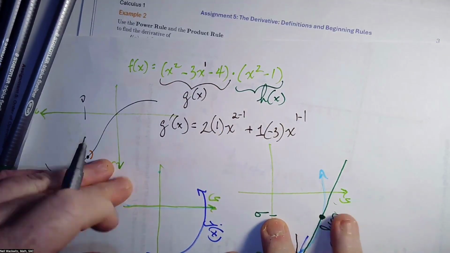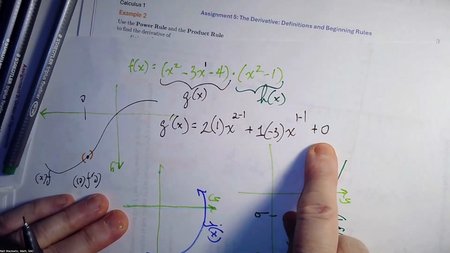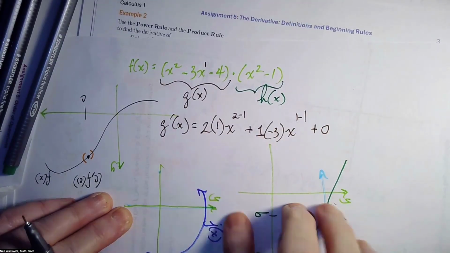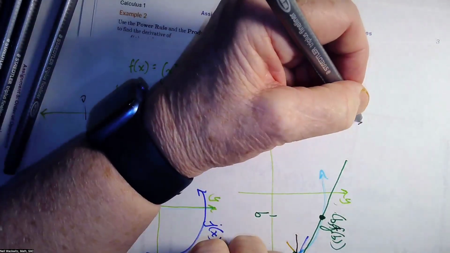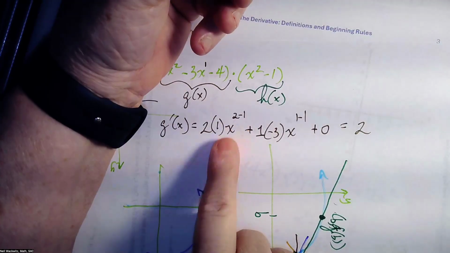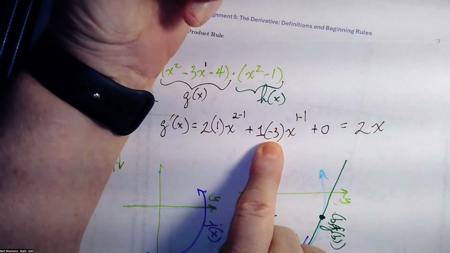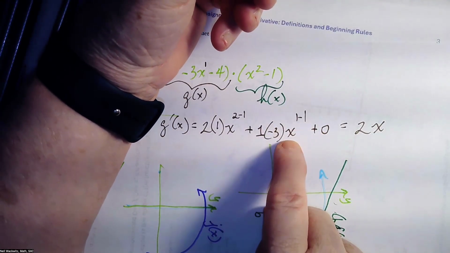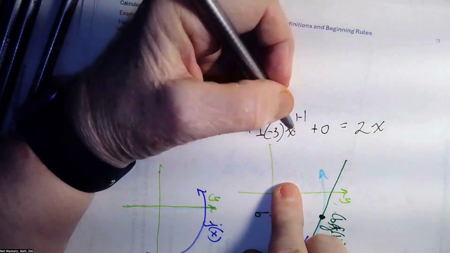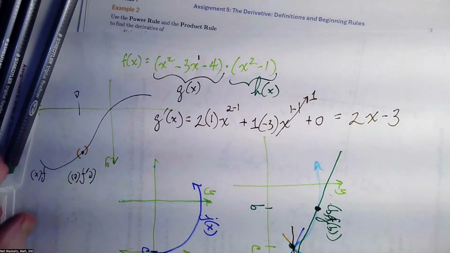And then we have a constant, and so the derivative of the constant term is 0. Well, let's make this prettier. 2 times 1 is 2. 2 minus 1 is 1, and x to the 1 is just x. 1 times -3 is -3, and 1 minus 1 is 0. X to the 0 is 1. So we have 2x minus 3 for g prime.